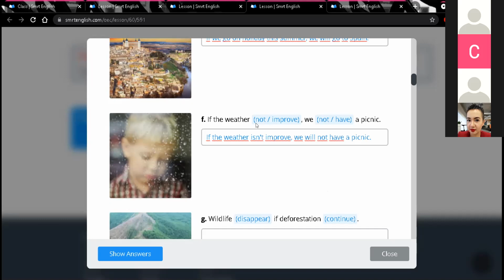If the weather doesn't improve. When we have action verbs, we use doesn't in this case because weather is an it. So for things in singular, we use doesn't. If the weather doesn't improve, we will not have a picnic, or we won't have a picnic.